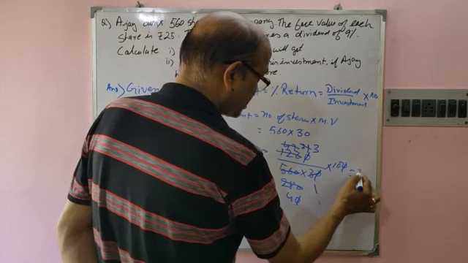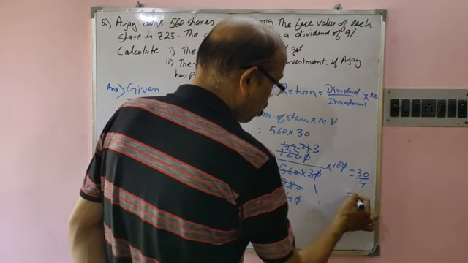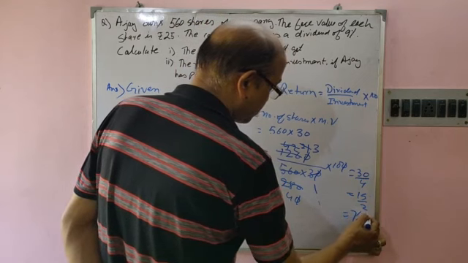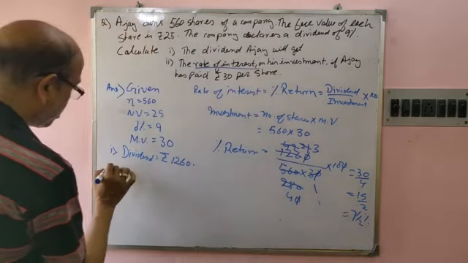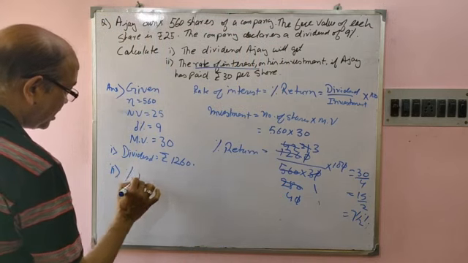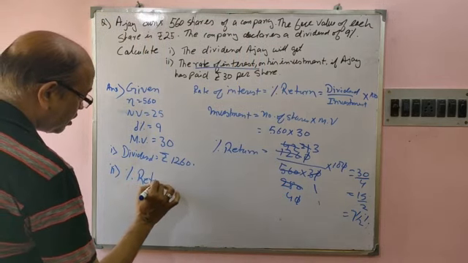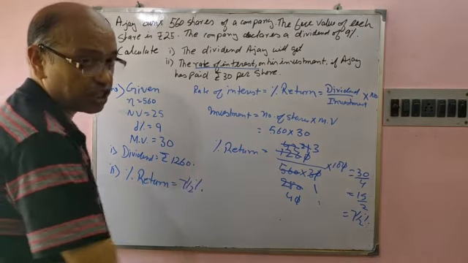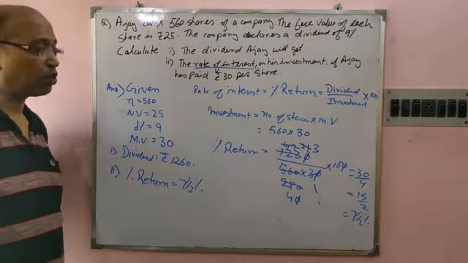So what we get is 30 by 4 or 15 by 2, which is 7.5%. Therefore percentage return is 7.5%. Clear? Copy it down.